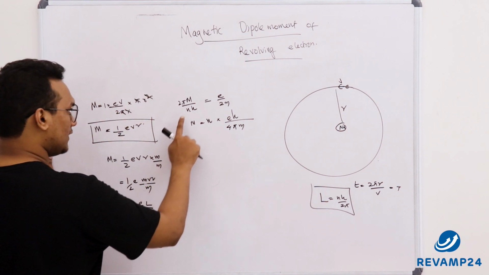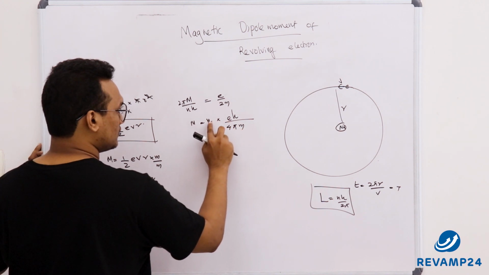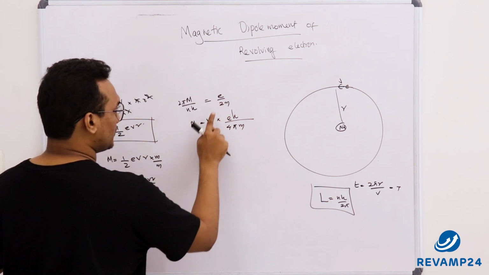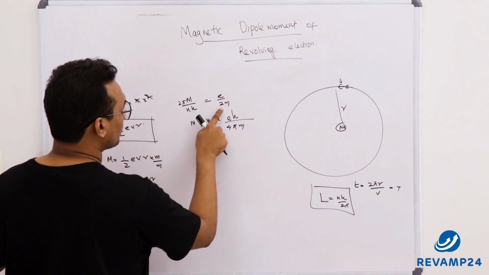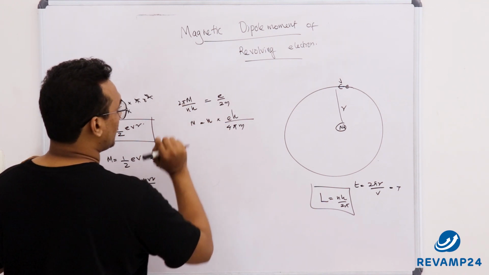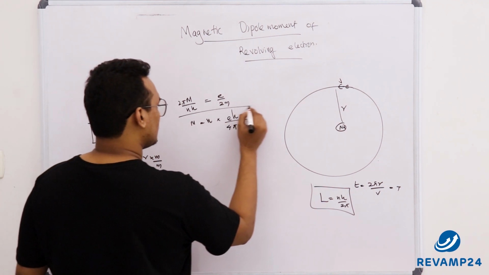So for L we substitute nh by 2 pi. So M is equal to n into e into h, with 2 into 2, that is 4, pi and m in the denominator. Please check the equation. Yes, this is the equation for magnetic moment.